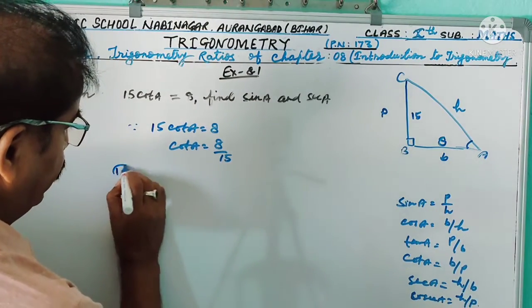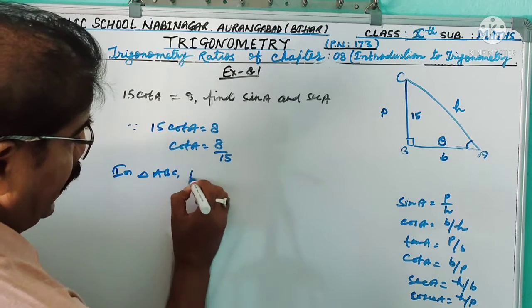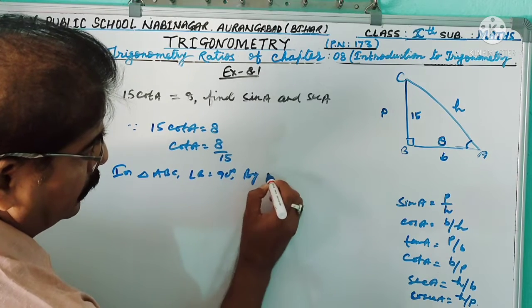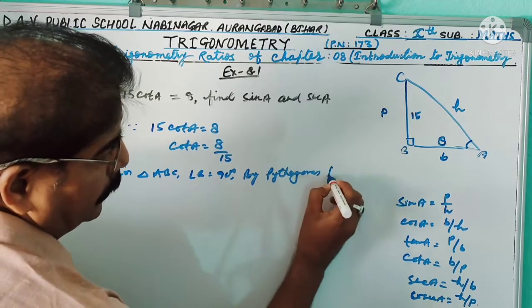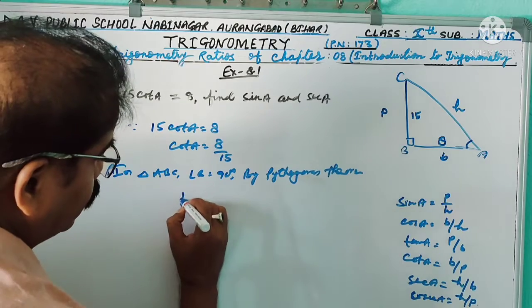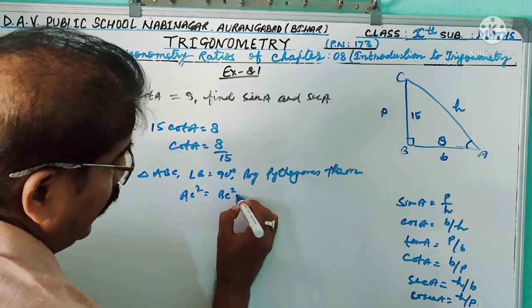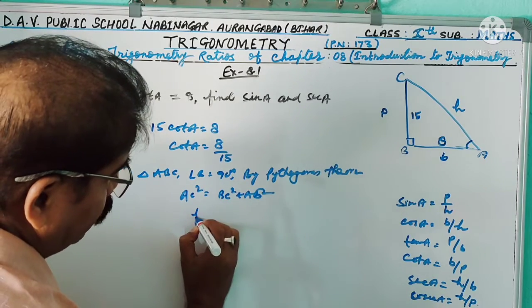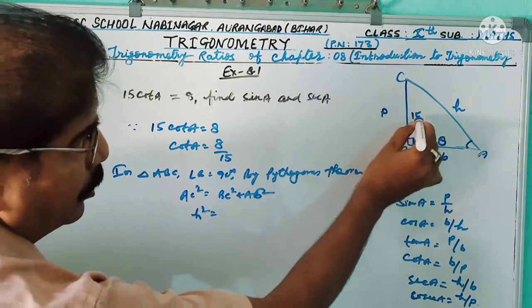Now in triangle ABC at B equal to 90 degree, by Pythagoras theorem, AC square equal to BC square plus AB square. So H square, BC equal to 15.